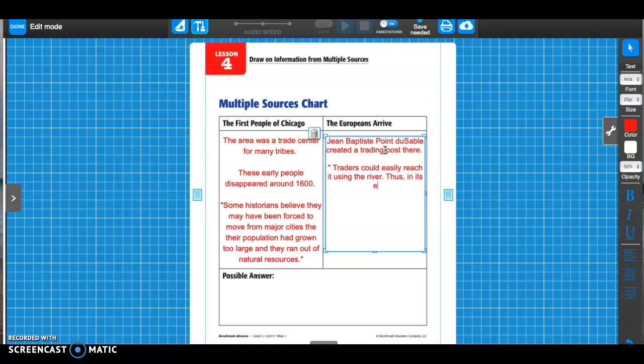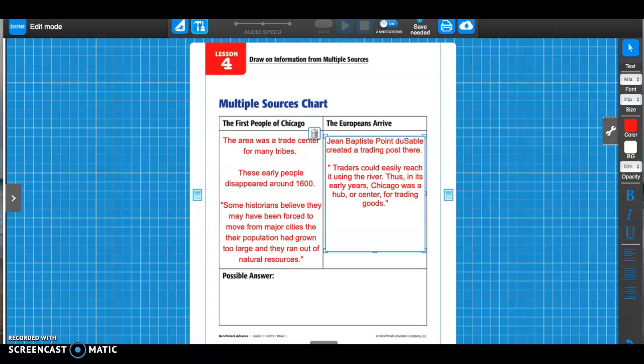Thus, in its early years, Chicago was a hub or center for trading goods. Sorry for the typo. Trying to copy from the book in my lap.